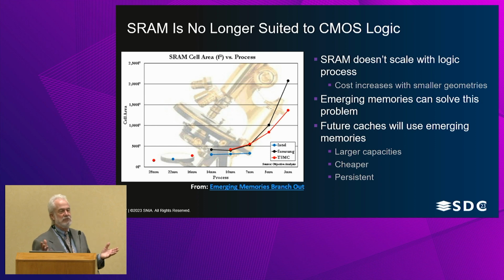Maybe not all of the cache memory, maybe it will be the L2 cache, but like that diagram that I showed you where I had the two curves, the red curve and the white curve, you're going to see that the size of the caches, the L2 caches, is going to just grow exponentially on these processors once chiplets start being used and once something like MRAM starts being used for that, because a very large cache can do such a good job, even though it's really slow. So we'll see large capacity future caches using emerging memories in order to drive out the cost.